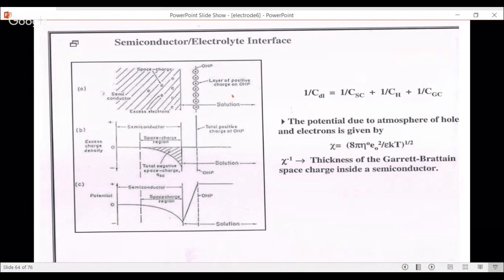The potential due to the atmosphere of holes and electrons is given by chi. Okay, this is very rough, because the ideal or real picture cannot be drawn. That is why we are looking at it now. The capacitance in the case of a semiconductor electrolyte interface will add one more term.